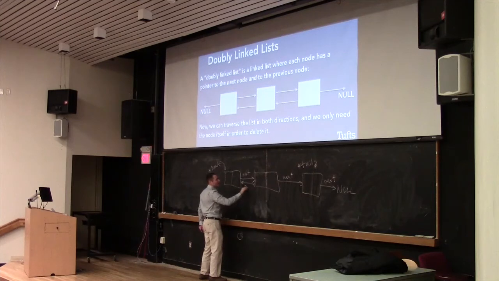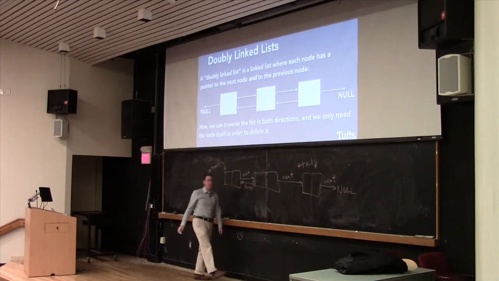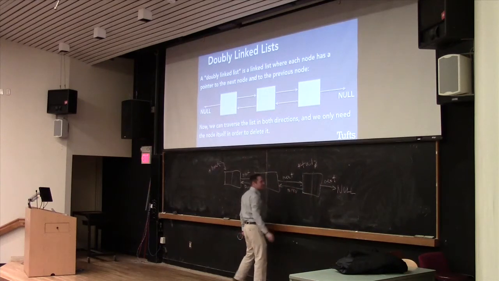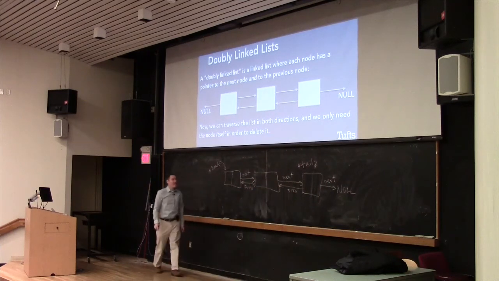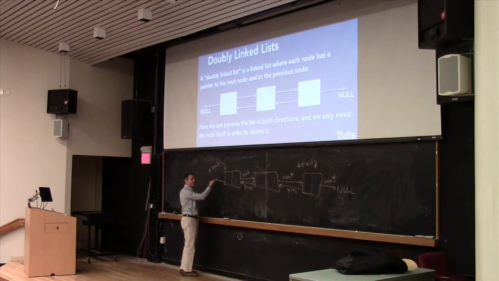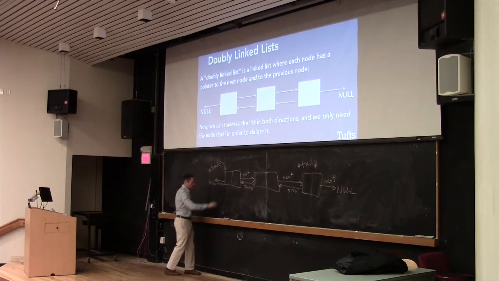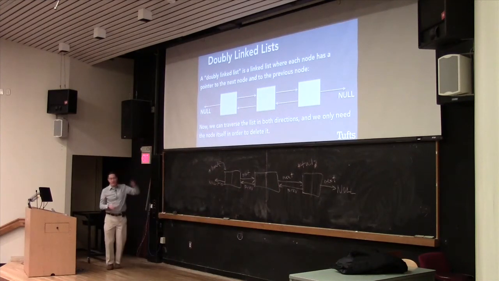We'll call it prev for previous, and have this one go to the previous node. And then our head node actually also has a previous. Where do you think this is going to go? It's going to go to null, right? And this is going to be our previous node as well.